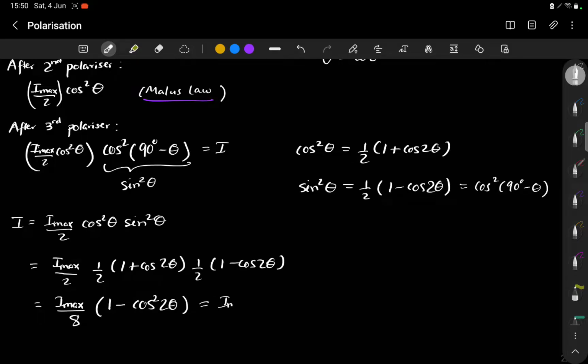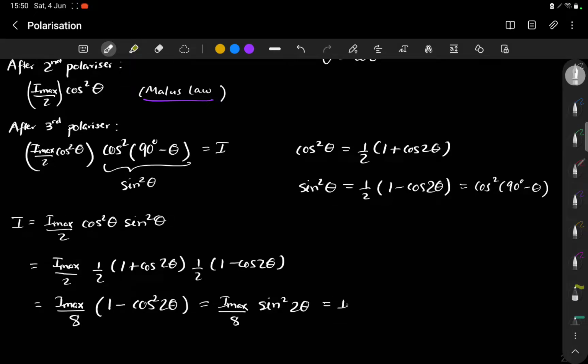So this is going to be sin squared of 2 theta, and for sin squared of 2 theta we will again use this identity over here.